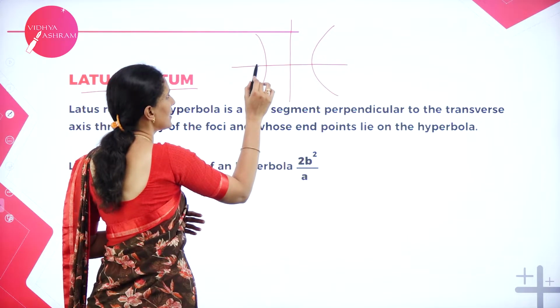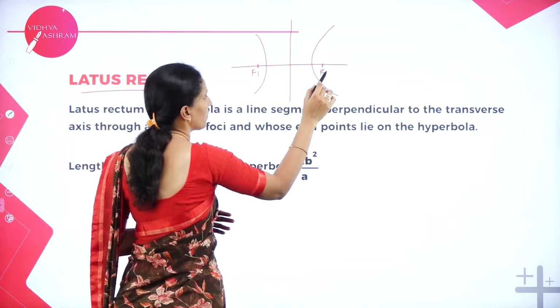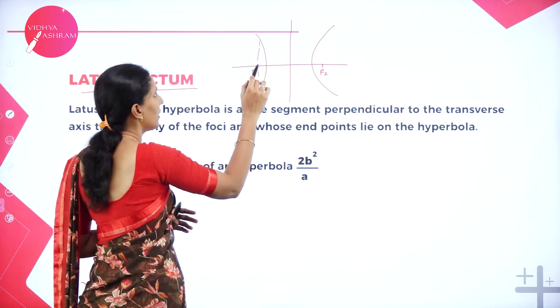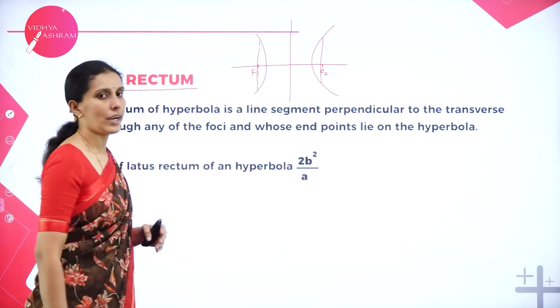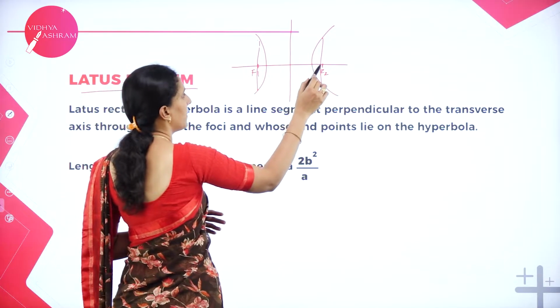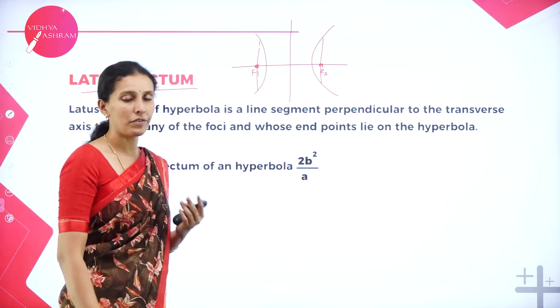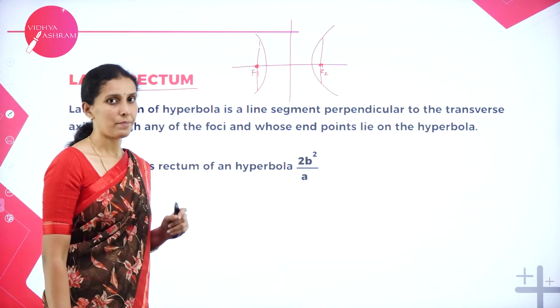If you consider this as focus F1 and this is another focus F2, a straight line which is perpendicular to the transverse axis, and which is passing through any one of the foci, this line is called the latus rectum of a hyperbola.